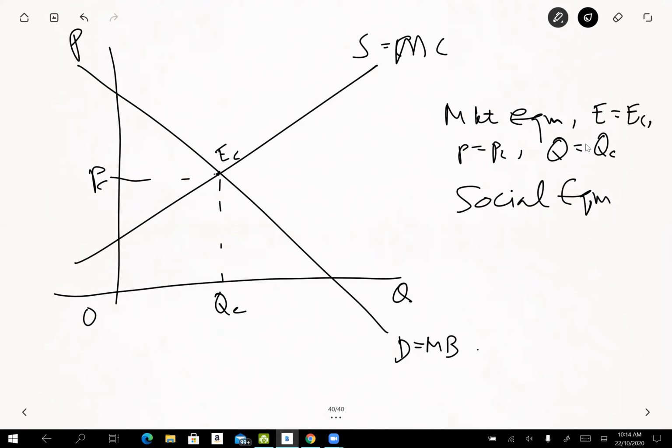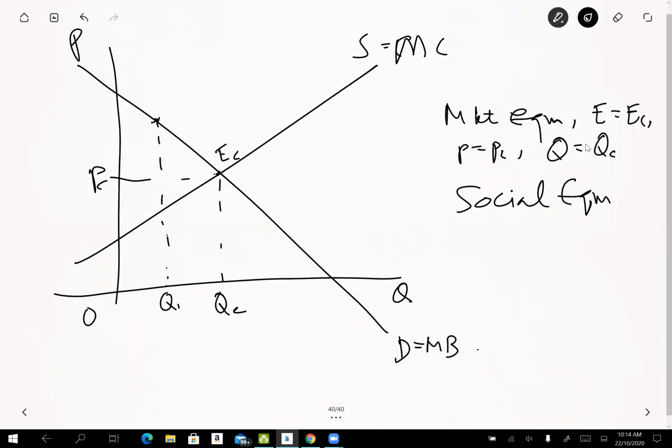If you look at some points, just like we were doing last time, we want to know where the marginal social benefit will be. Say at Q1, the personal benefit will be here.